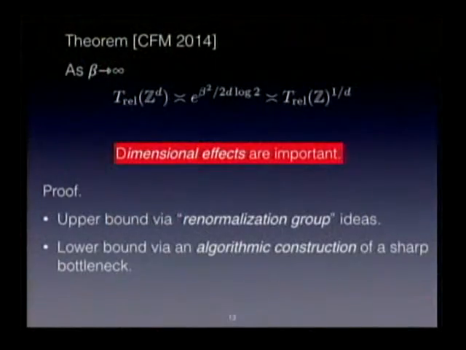And the lower bound instead uses the usual technique of finding a good bottleneck in the configuration space, and the bottleneck is constructed algorithmically. I'll try to describe that. First I will describe this renormalization group technique for the upper bound.